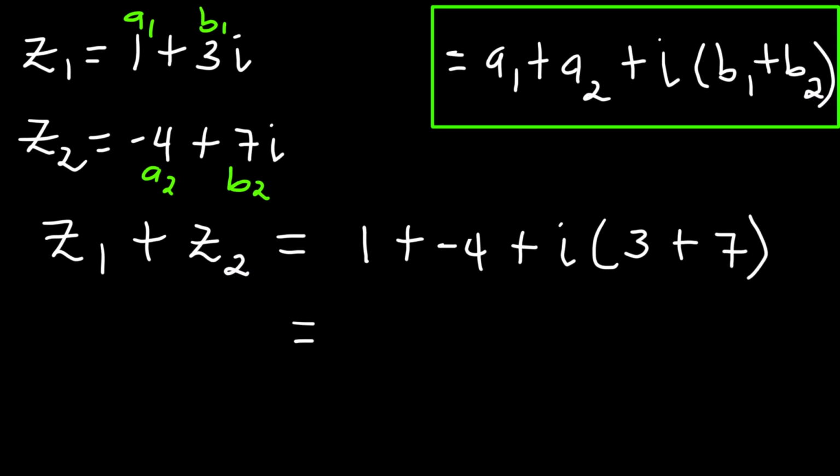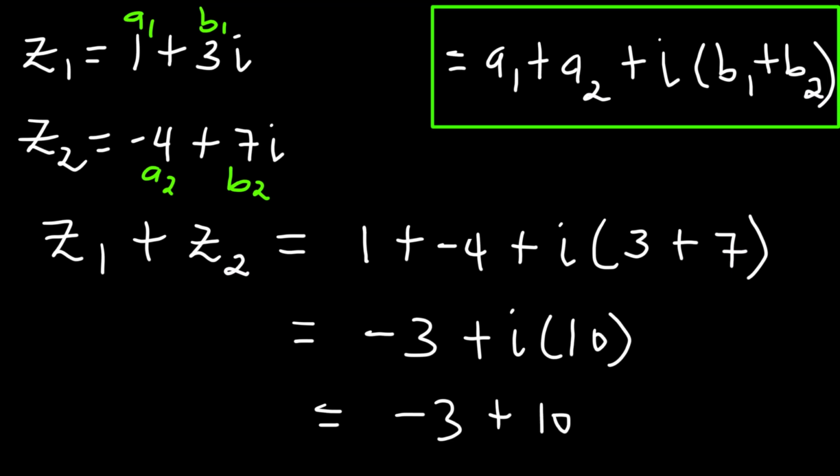This will be equal to 1 plus negative 4 will give us negative 3, and then plus i times 3 plus 7, which is 10. And so this will be equal to negative 3 plus 10i. So you get the same answer.